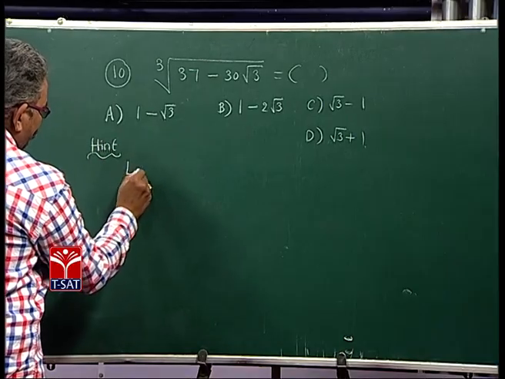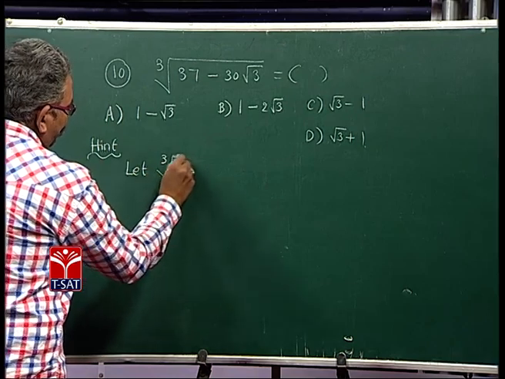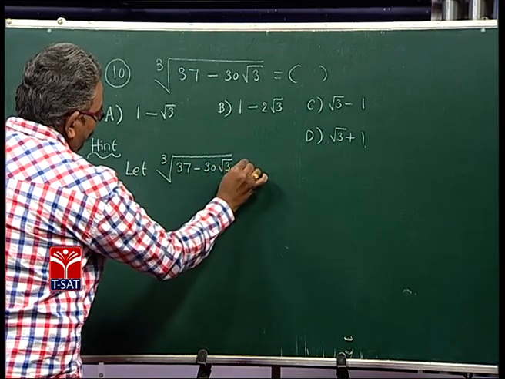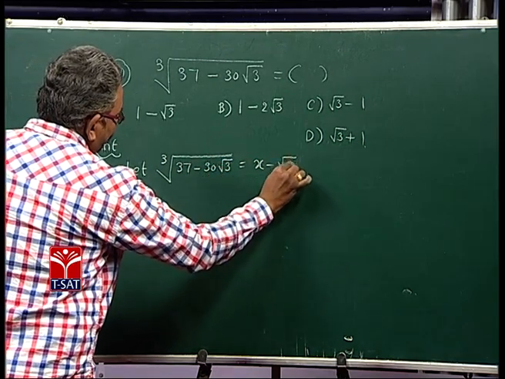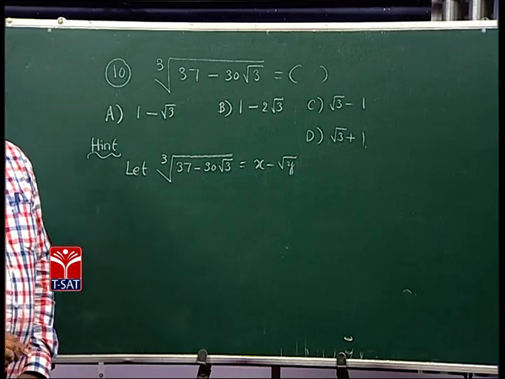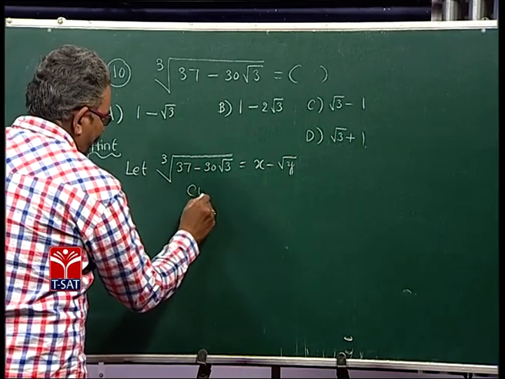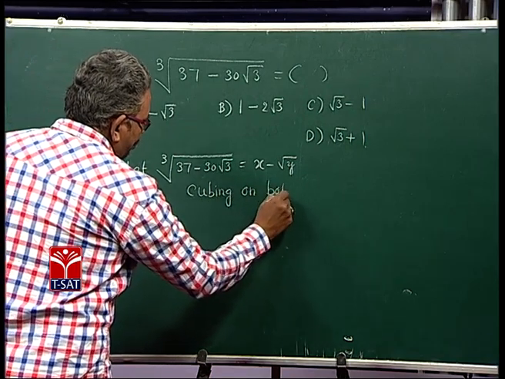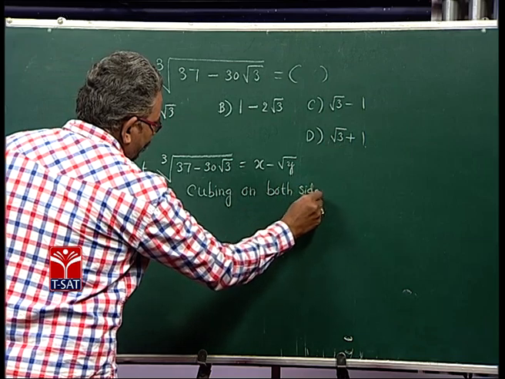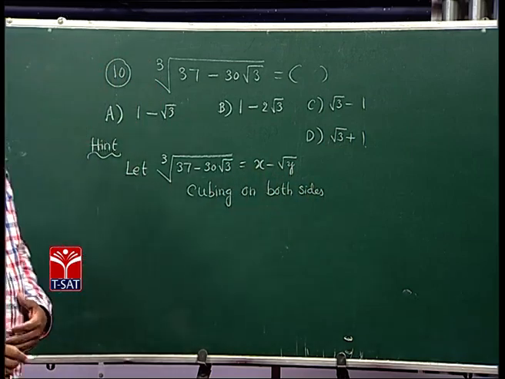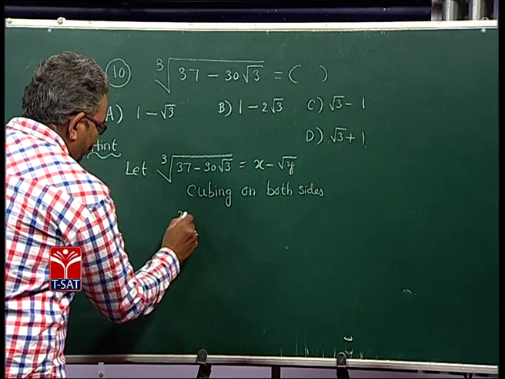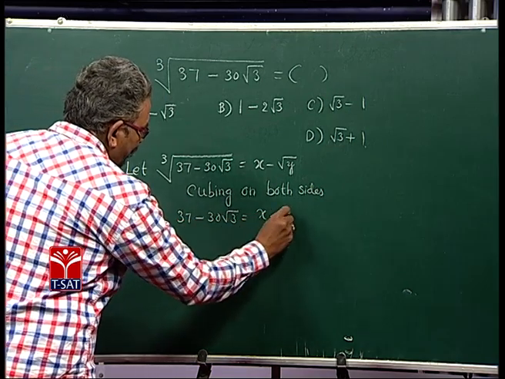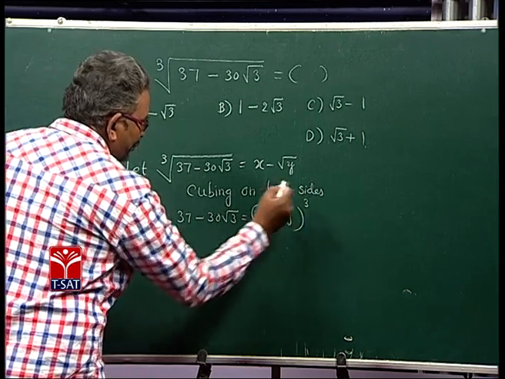Let cubed root of 37 minus 30 root 3 is equal to x minus root y. Say like this first. Cubing on both sides, what do you get? 37 minus 30 root 3 is equal to x minus root y whole cube.